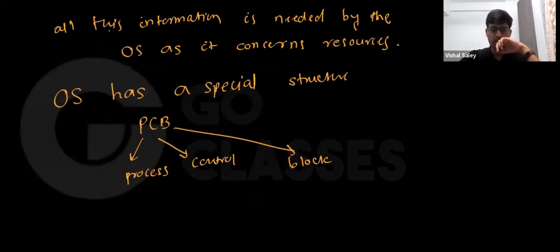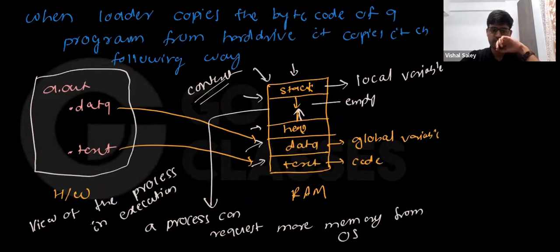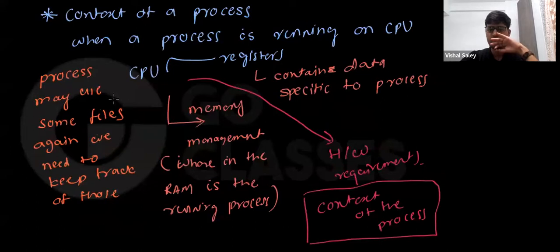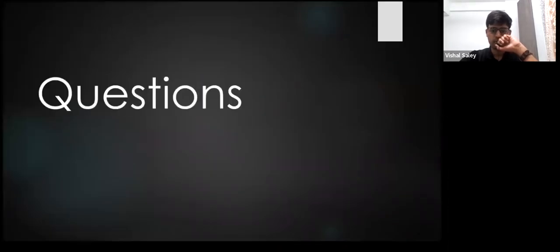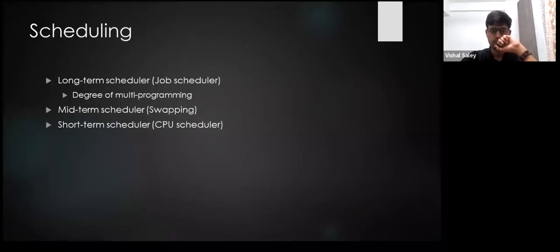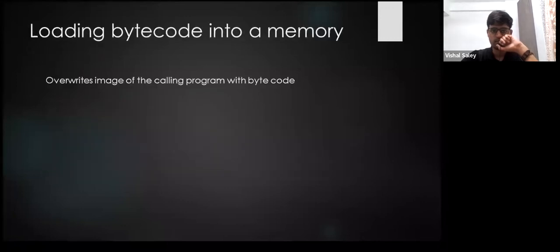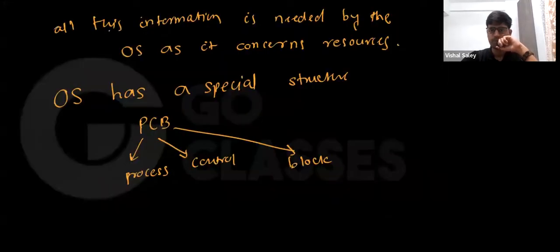But generally, the most important part of a context is the CPU registers. Again, this includes the memory information as well, because all of these things will also be present in some CPU registers anyway. And then we saw what a process control block is.